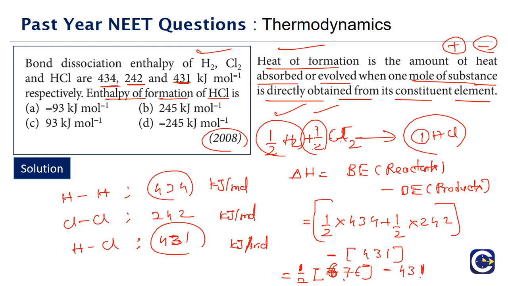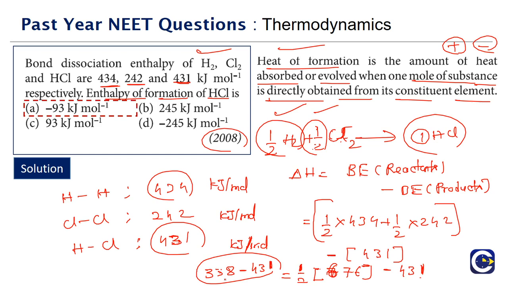So half of 676 means what? It will be 338. Okay, so 338 minus 431, and this is going to be what? It will be minus 93 kilojoule per mole. 338 minus 431 will be what? Minus 93 kilojoule per mole.